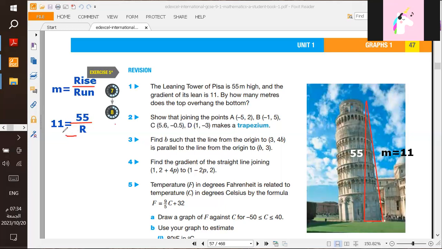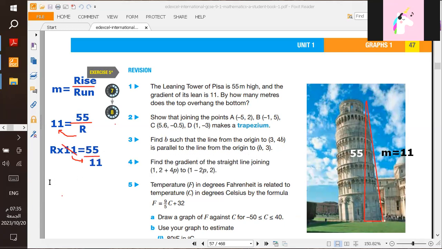We're going to take it to the other side by multiplying. So it's going to be 11 times R, or R times 11 equals 55. Okay? And then the 11 is multiplied. So I'm going to take it to this side by dividing. So it's going to be 55 over 11. And because I took it, I'm going to remove it from here. So it's going to be 55 over 11. Okay?